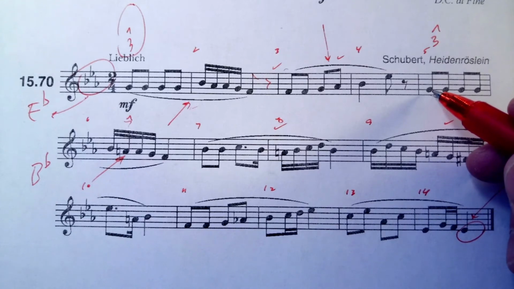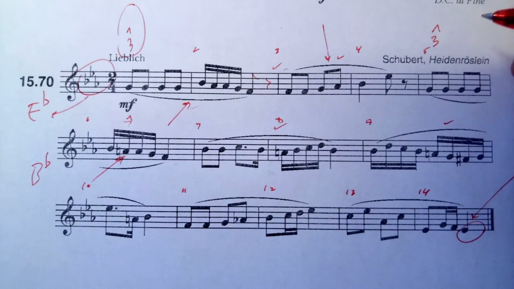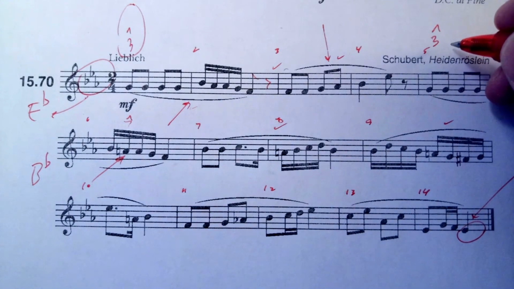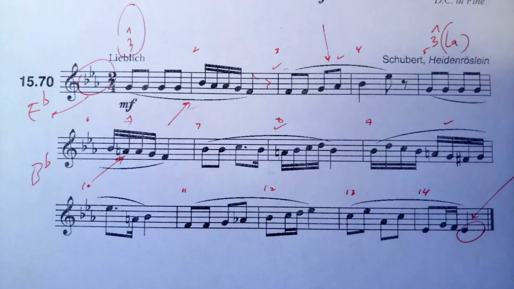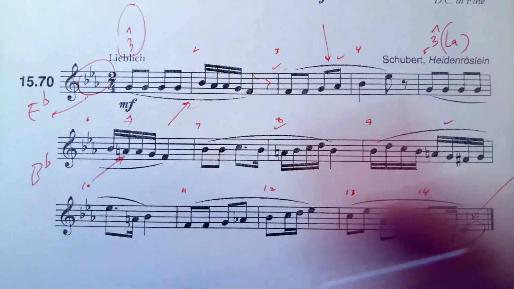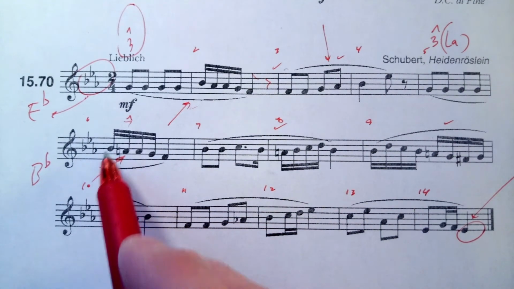In the key of B flat major, G is scale degree 6. So that would be solfege syllable La. And that would prepare a La, Do leap here.